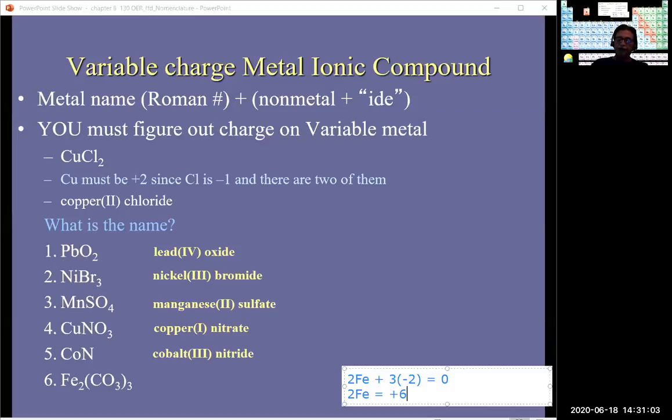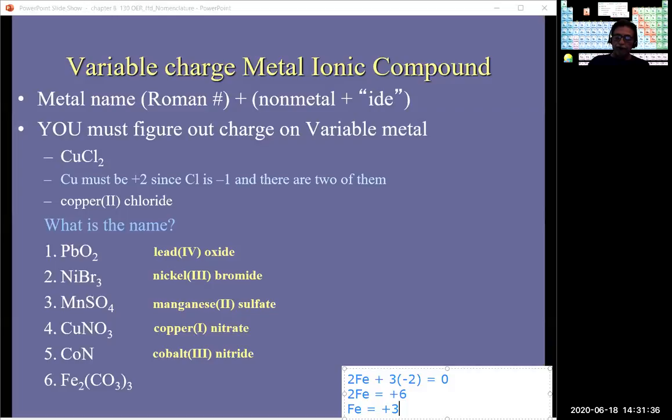It becomes a +6 because I got to add +6 on the left, I got to add +6 on the right. Now, if I divide through by 2 and solve for iron, my iron must equal a +3, right? Because dividing 6 by 2, that's a +3. So that tells me that I am working with iron 3.